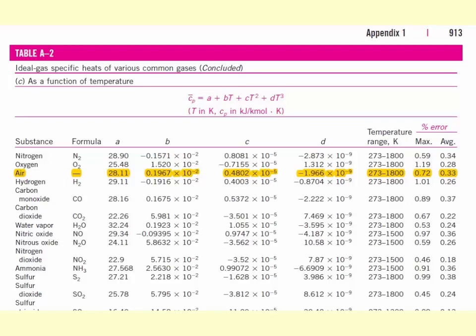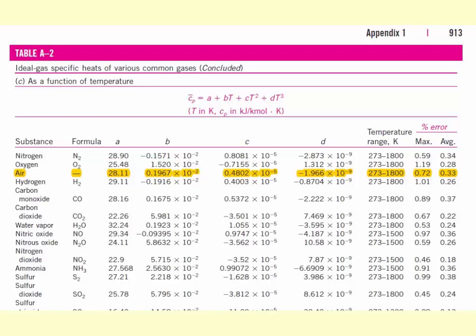Okay, so we have this functional form where C sub P with the line over it is equal to A plus B times temperature plus C times temperature squared plus D times temperature cubed. So what is our working fluid? Air. Okay, so we would need to look at the line for air and look up the constants. A is equal to 28.11. B is equal to 0.1967 times 10 to the minus 2.